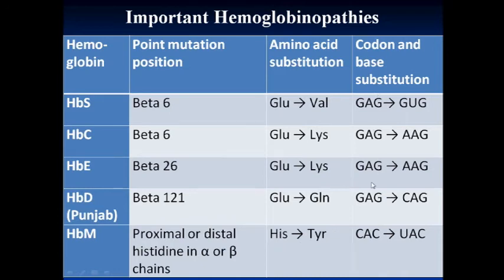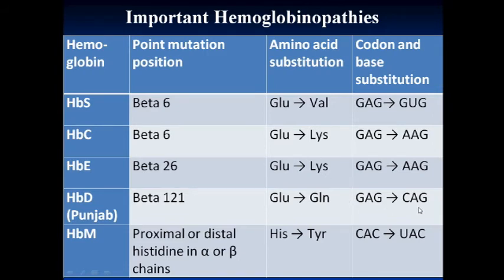Now these codons are converted into other codons, and this is called a point mutation. GAG is converted to GUG, which is valine, and GAG is converted to AAG, which is responsible for placing the lysine.